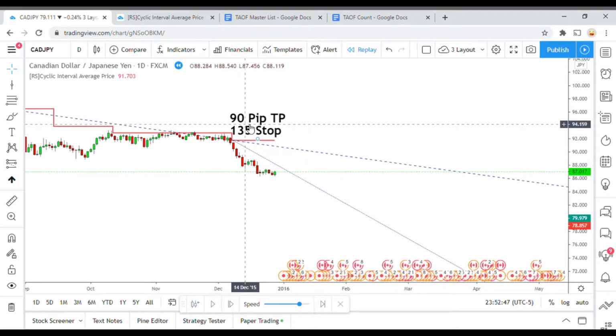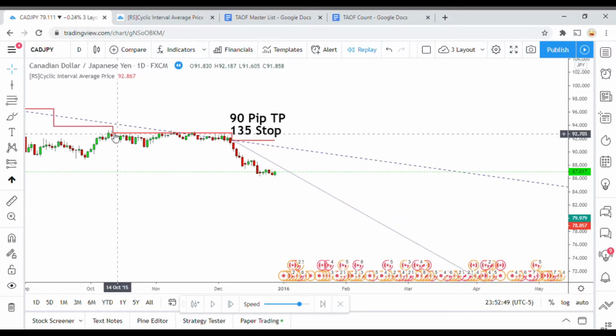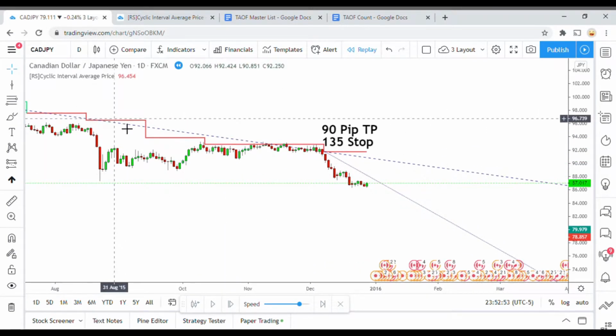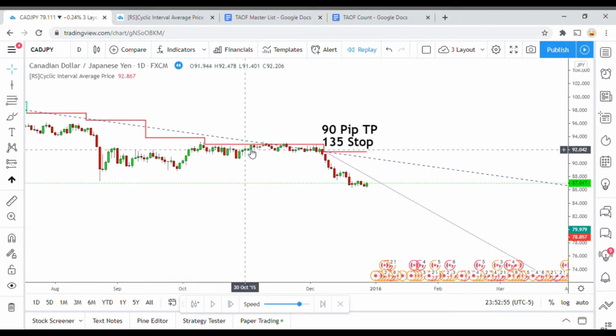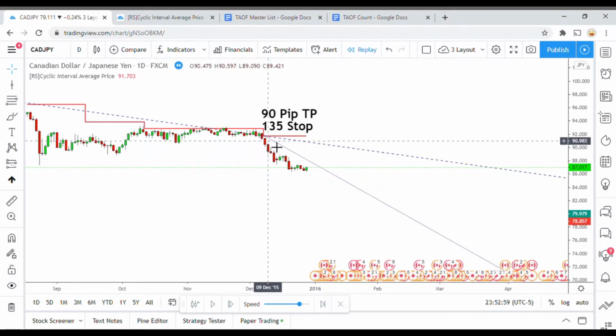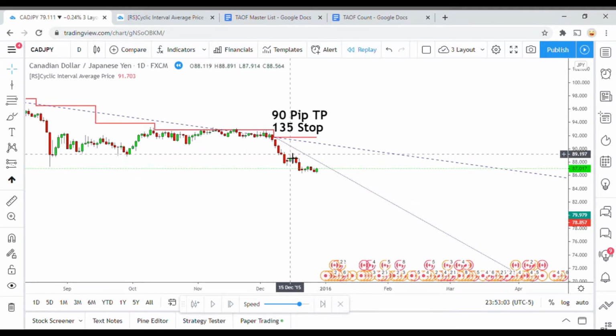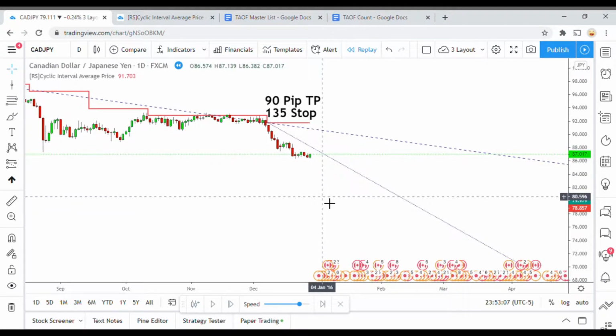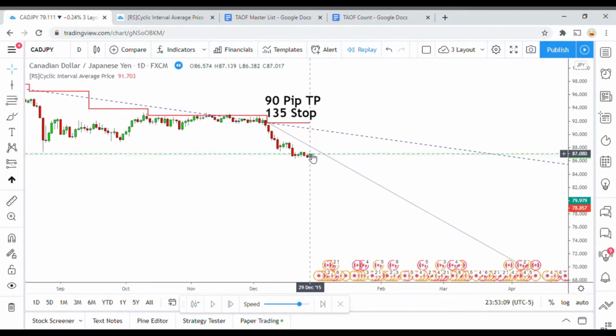So when the baseline, and again I call this the baseline, not really sure what to call the line, is red, the trend lines are sloped downwards. What we're looking for is only short opportunities.